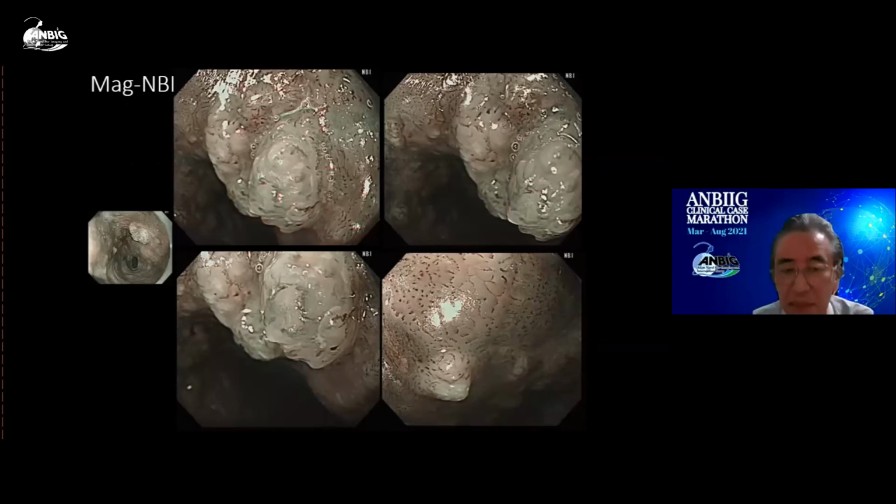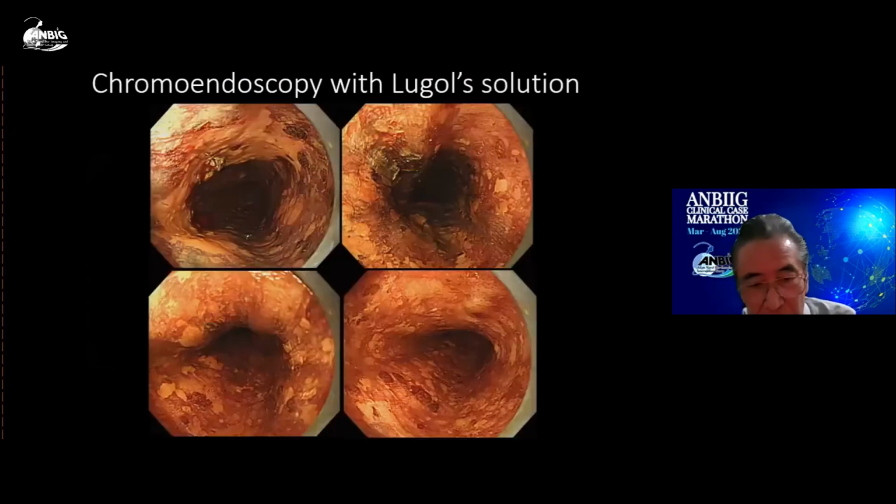In this magnifying endoscopic view, I can still say this is a B3. Theoretically, a B3 vessel correlates with SM2. So please come back to our pathological image, the histological image.